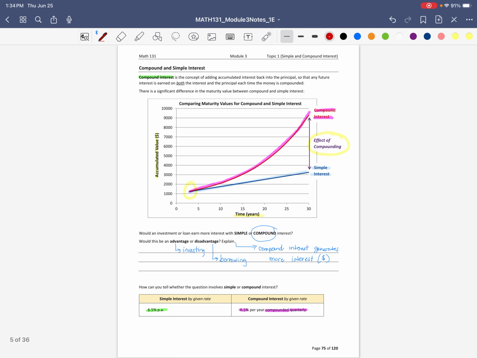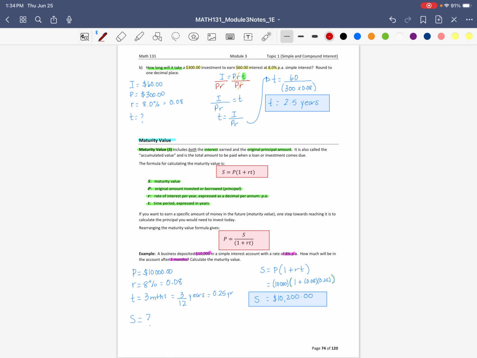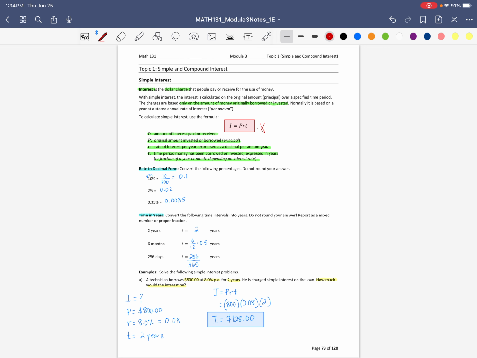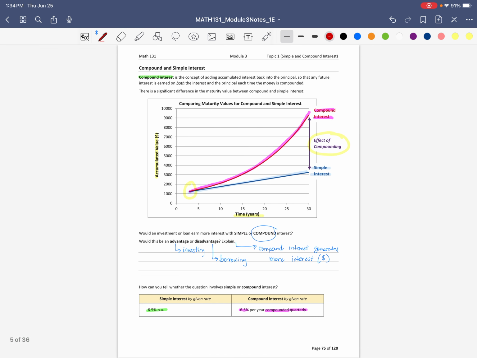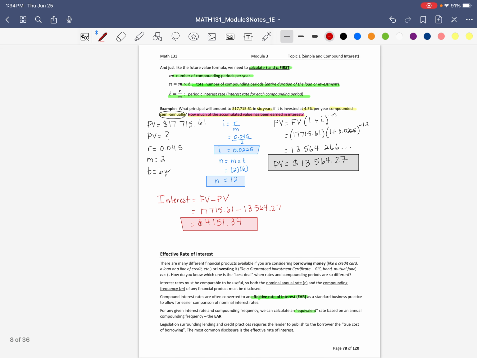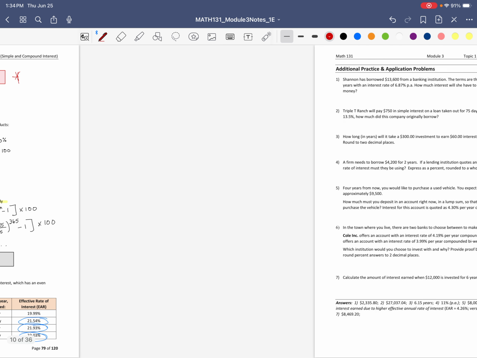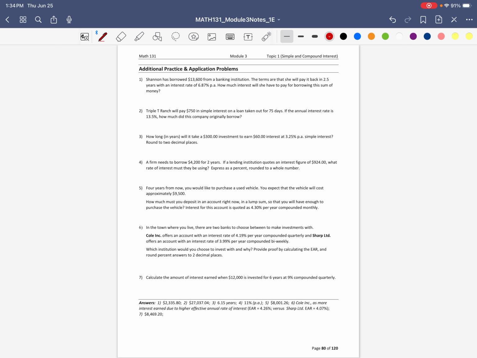And then prior to that, we looked at our very straightforward simple interest and then our maturity value formula. So again, if you didn't watch that first video, please make sure you go back and do that. And please take a look at these practice questions. Again, you can compare your answers to the answers posted at the bottom of the page.